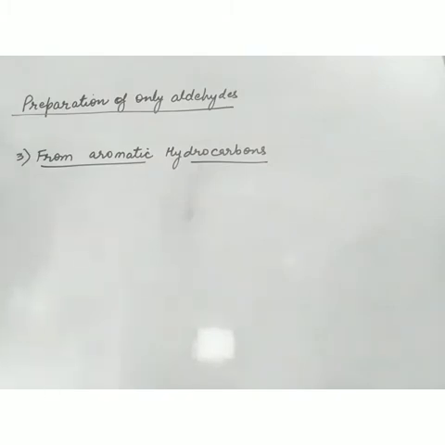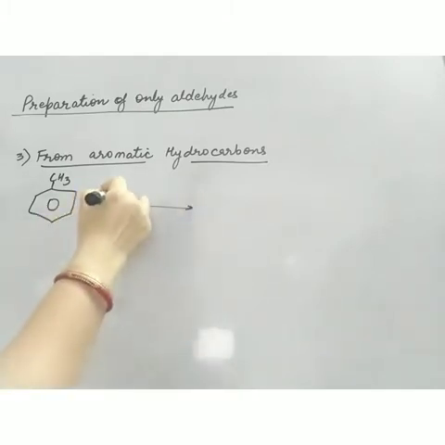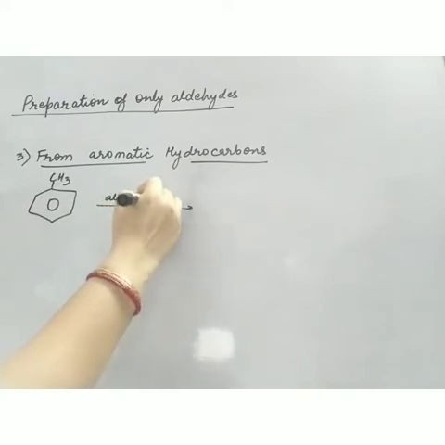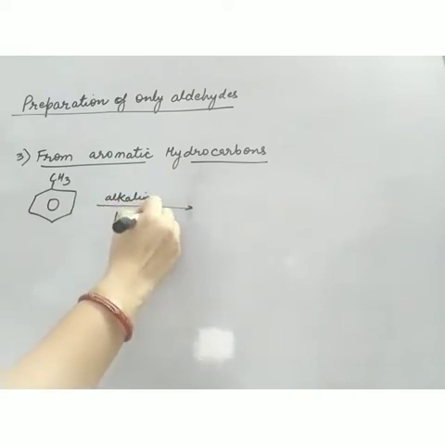Now the third method is from aromatic hydrocarbons, meaning we are focusing mainly on preparing aromatic aldehydes. Suppose I am having this toluene, which is methyl benzene. If direct oxidation is done using the normal oxidizing agent, the common one that we use is alkaline KMnO4.